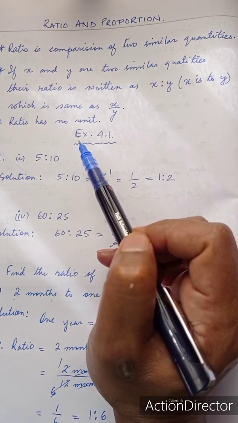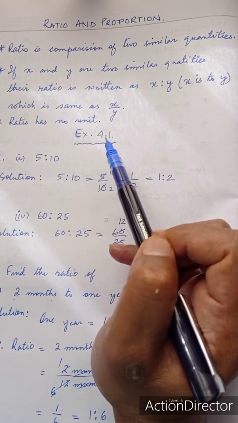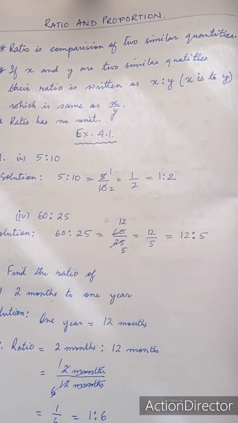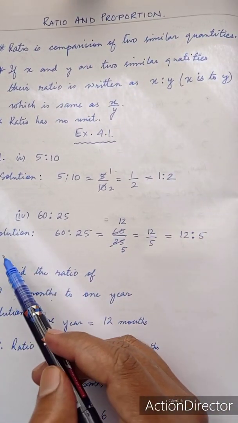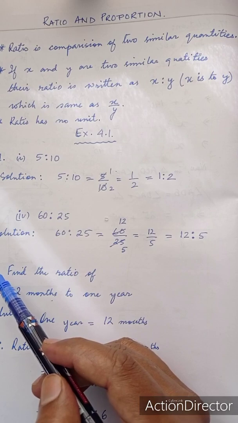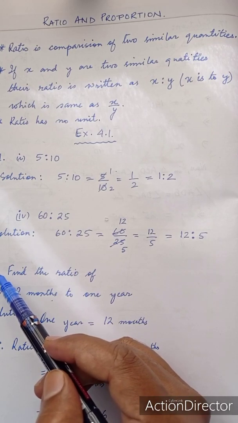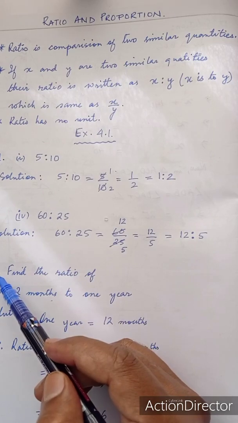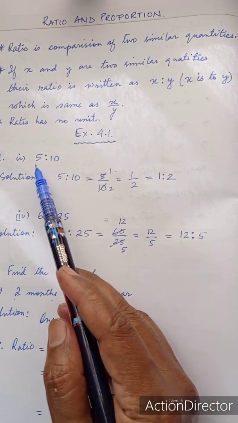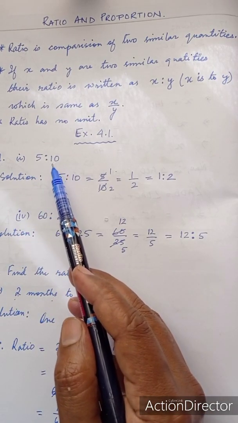So we'll start with exercise 4.1. In exercise 4.1, we'll be solving our first question, number 1, which says write the following ratios in the simplest form. So we have a ratio here, 5:10. How to make it in the simplest form?